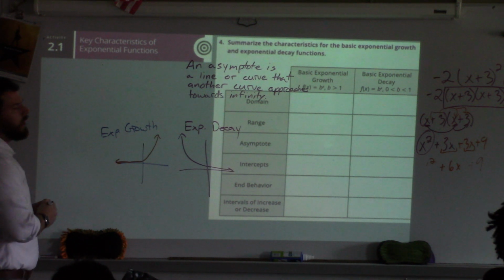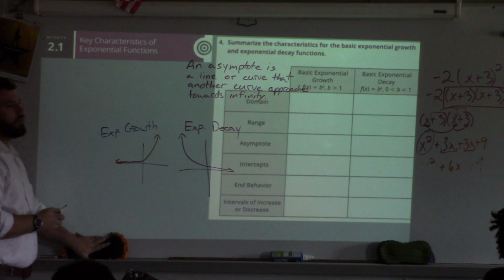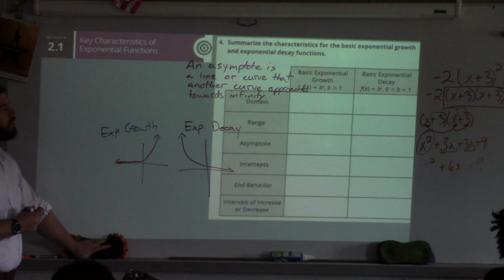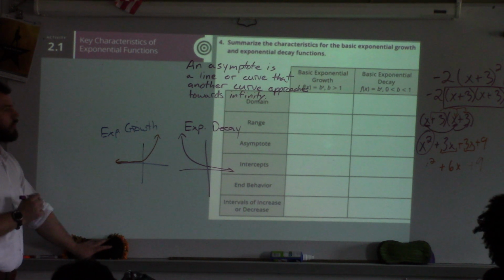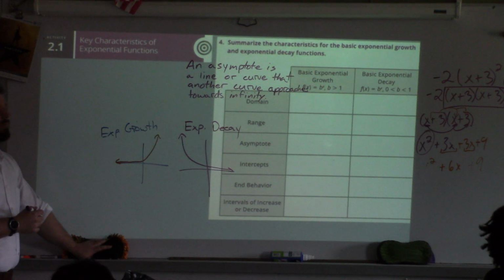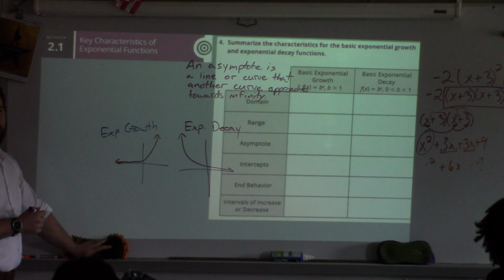Okay, but domain and range are all of my x values and all my y values. What is the definition of an asymptote? A line or a curve that another curve approaches towards infinity. Well, what's going towards positive infinity? The line, the curve.